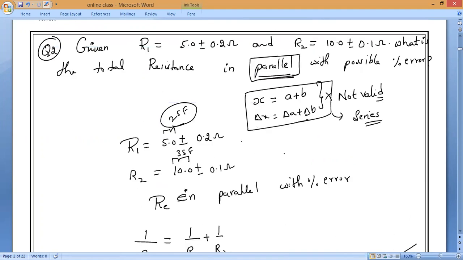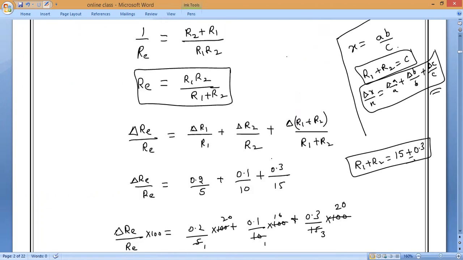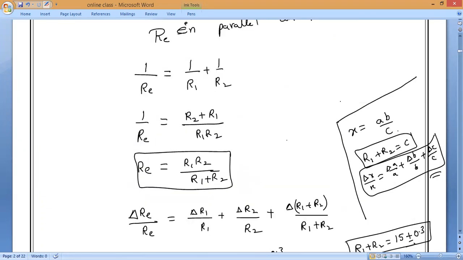So 10.0 has 3 significant figures and 5.0 has 2 significant figures. So do we take the minimum or maximum? We have to take the minimum. So minimum means 2 significant figures. So what is the rounded answer? 3.3.